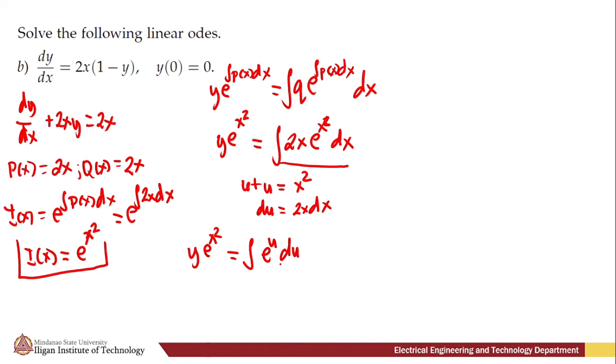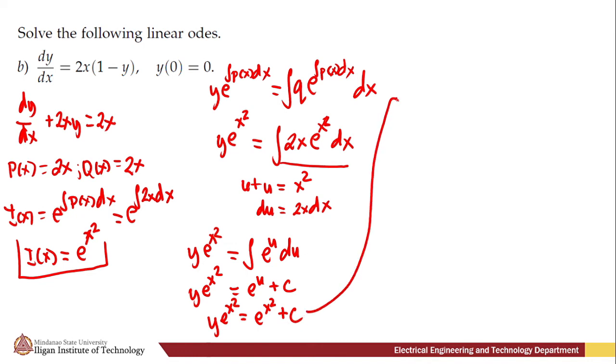So integral of e raised to u du will be e raised to u plus c. Then substitute back the value of our u. We have y e raised to x squared equals e raised to x squared plus constant of integration c.